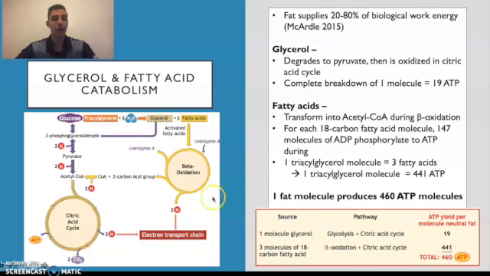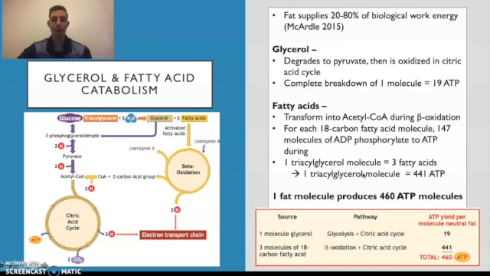And then fatty acids use a different pathway, and they transform into acetyl-CoA using coenzyme A during beta oxidation, and then are transported to the ETC. So both glycerol and fatty acids end up at the ETC. Just fatty acids use beta oxidation, and we're going to see why in a second. Beta oxidation is the biggest step, and it's why fatty acids produce so much more ATP than going through the citric acid cycle.